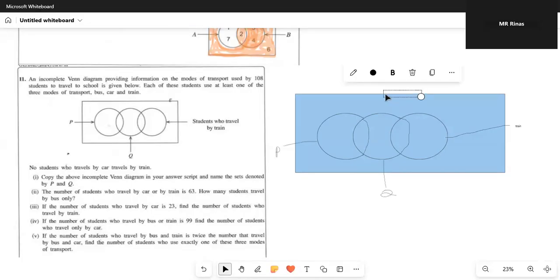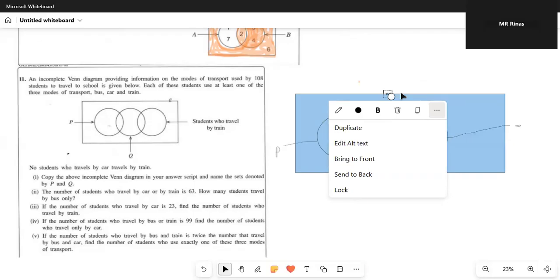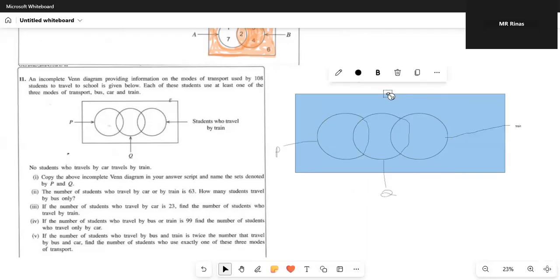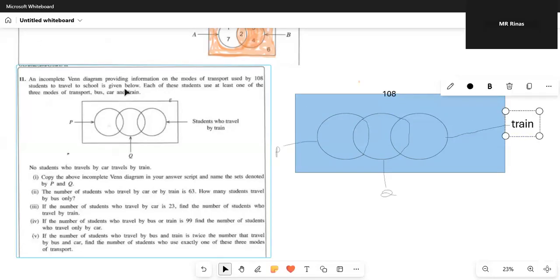Students who travel to the school is given below. Each of the students use at least one of the 3 modes of transport: bus, car, and train.